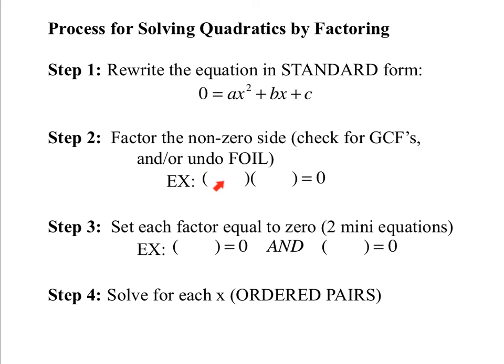You're going to have an image that's going to look something like that. Step 3 is set each factor equal to 0, which breaks up the problem into 2 smaller equations. And the goal is to find which x makes this factor 0, which x makes this factor 0. Step 4: solve for each x, and write your answer in ordered pairs.